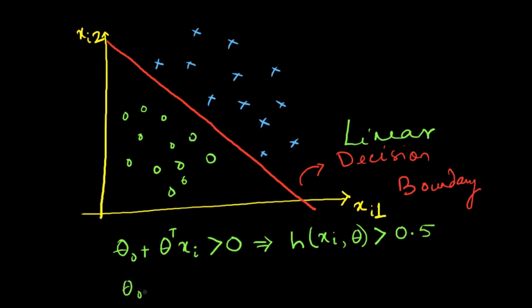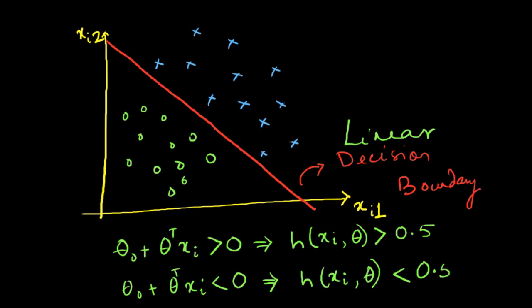And if our theta naught plus theta transpose xi is less than 0, then we must have h of xi comma theta to be less than 0.5. Here it's bad notation, but remember that this theta includes our theta naught also, as well as this vector theta.